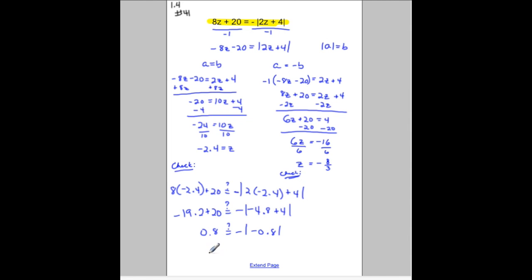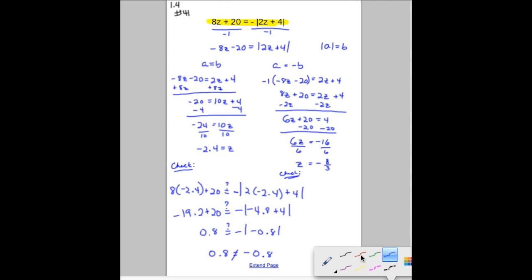So the question here is now, is 0.8 equal to, absolute value is positive, but then there's a negative outside, so it's negative 0.8. And no, that's not true. So this solution right here, I'm going to do it in red. This is an extraneous solution.